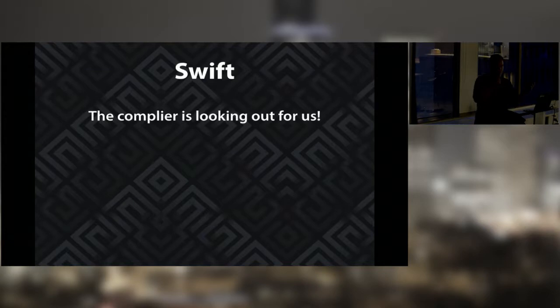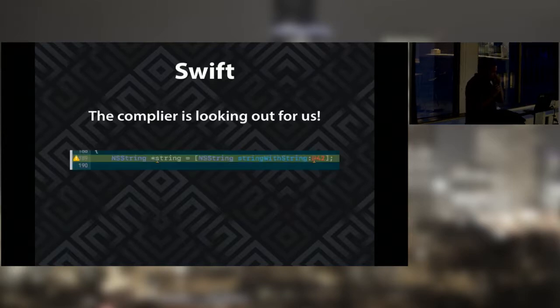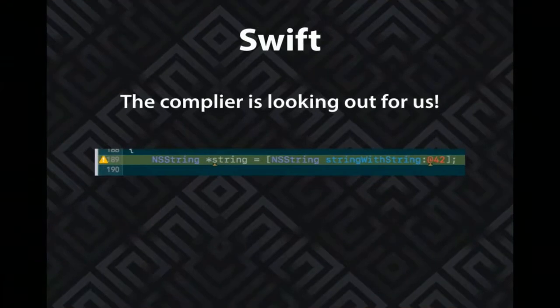So next up, Swift. Everyone's somewhat favorite new language. For once, as iOS engineers, a compiler is looking out for us. In Objective-C, if I have a method that takes a string and I'm passing in an NSNumber, here in Objective-C this is just a warning. Go ahead, do this, YOLO.